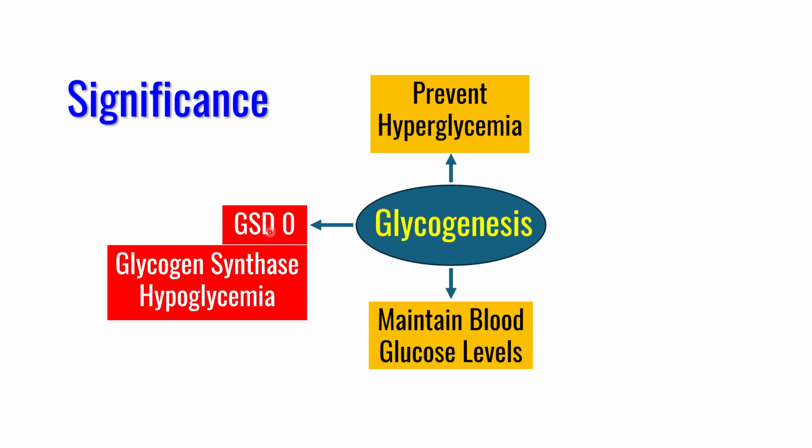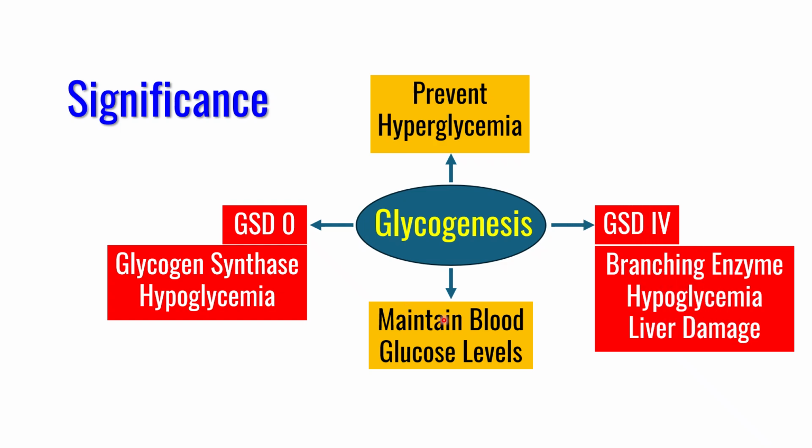The first one is GSD type 0, which is caused by a defect in the glycogen synthase enzyme. This is associated with hypoglycemia. The second disease is GSD type 4, which is caused by a defect in the branching enzyme. In this condition, the glycogen formed is defective. It tends to precipitate, causing liver damage and hypoglycemia.